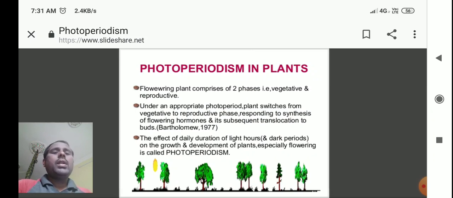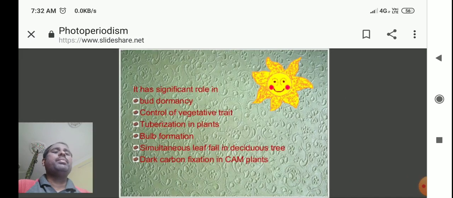Under an appropriate photoperiod, plants switch from the vegetative to the reproductive phase, responding with the synthesis of flowering hormones, which are subsequently translocated to the buds. The effect of the daily duration of light hours on the growth and development of plants, especially flowering, is called photoperiodism.